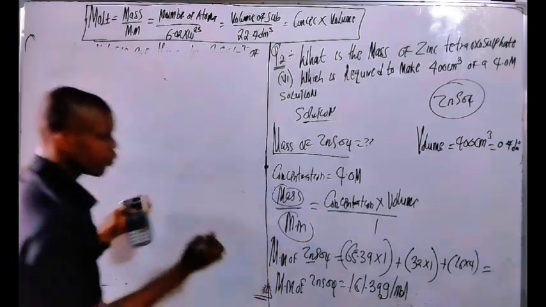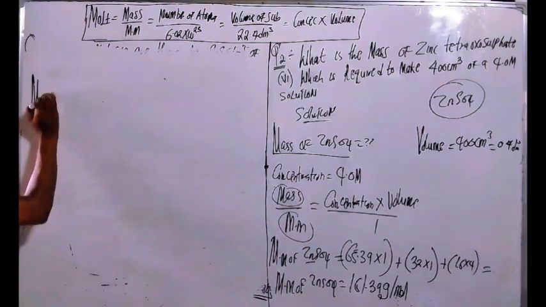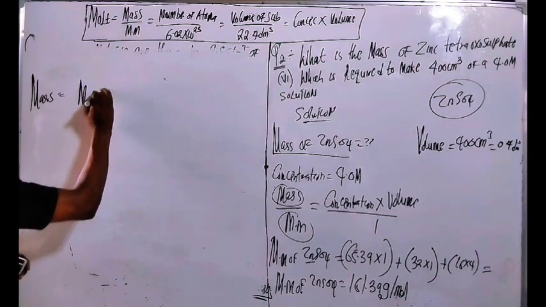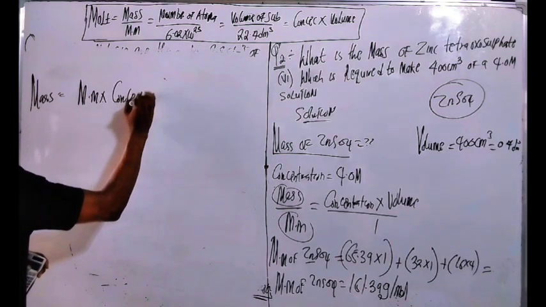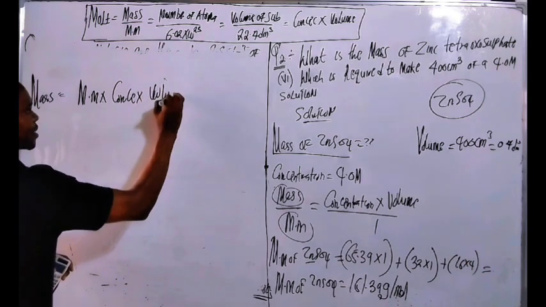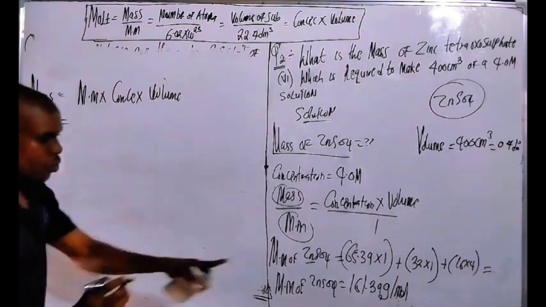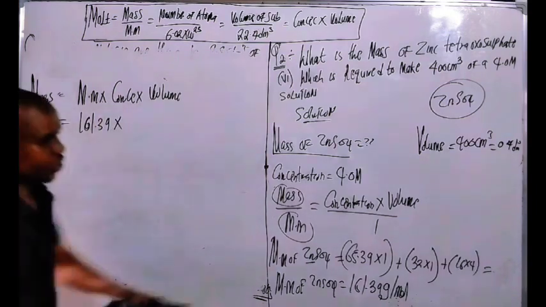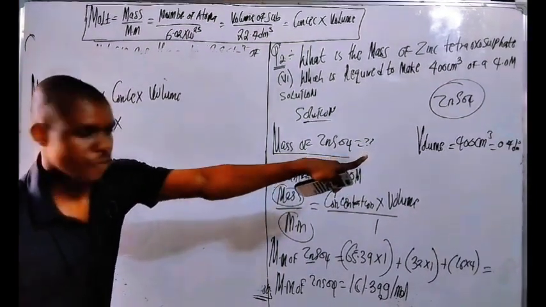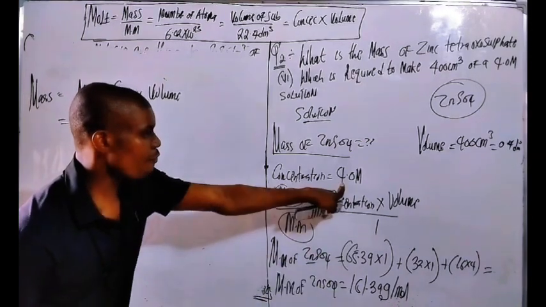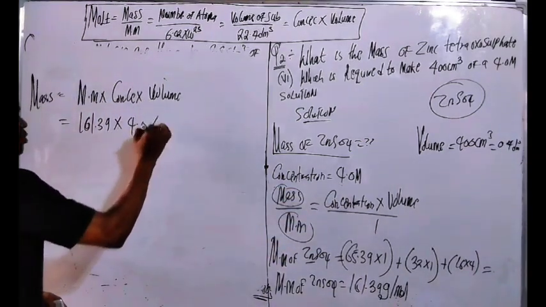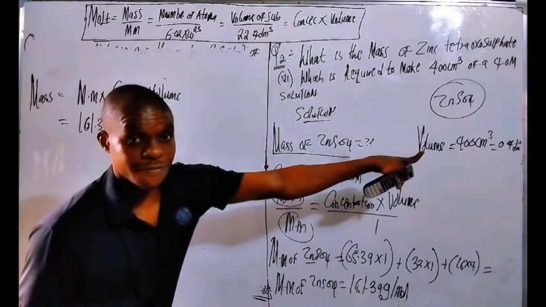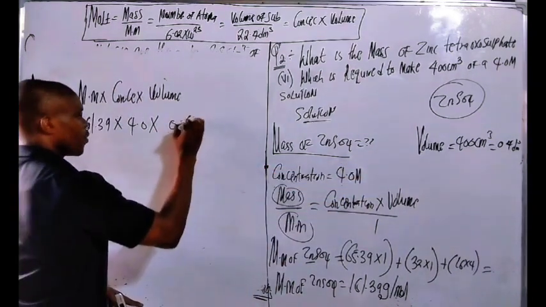When we cross multiply, mass equals molar mass times concentration times volume. So we have 161.39 times concentration, which is 4.0, times the volume, which is 0.4 dm3.